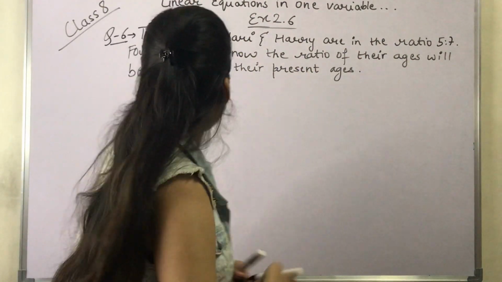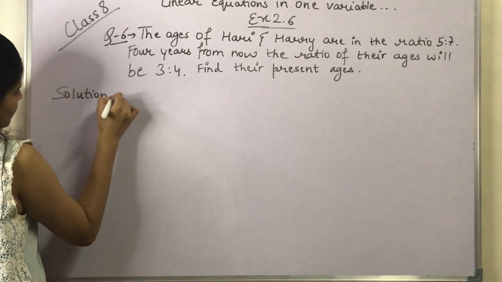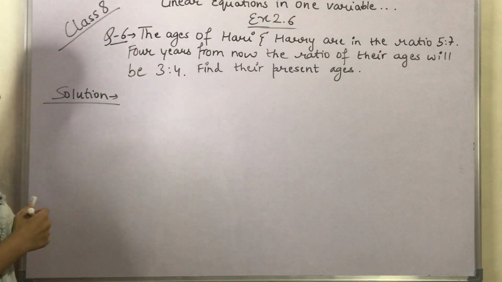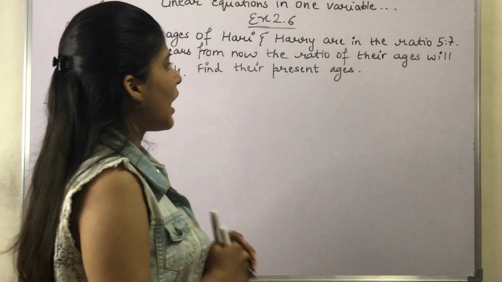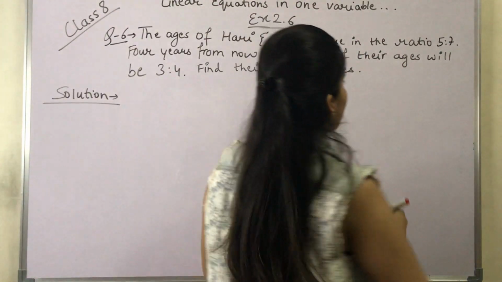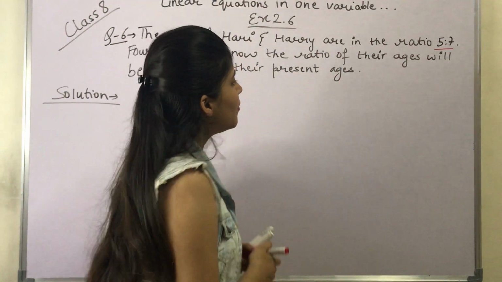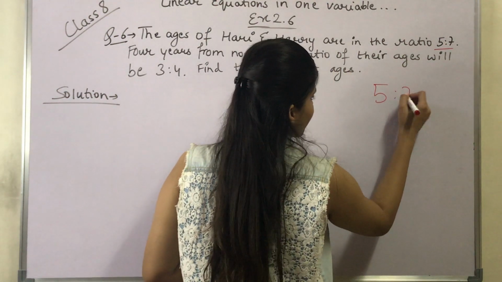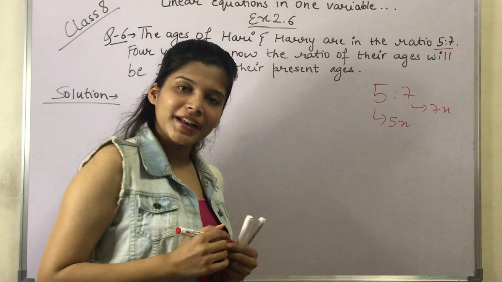Okay, so the question is, the ages of Hari and Harry are in the ratio 5:7, and I told you that whenever a ratio is given, we take it as 5x and 7x respectively.